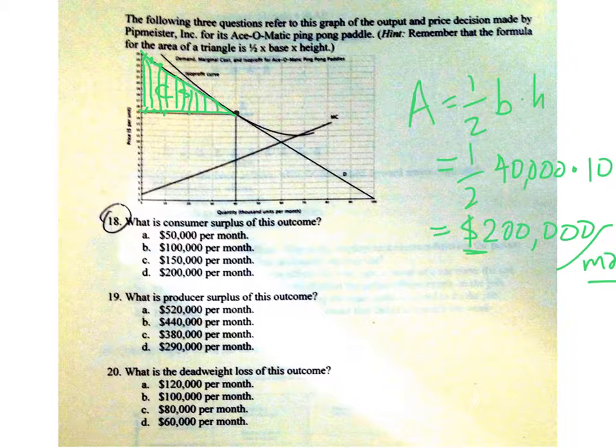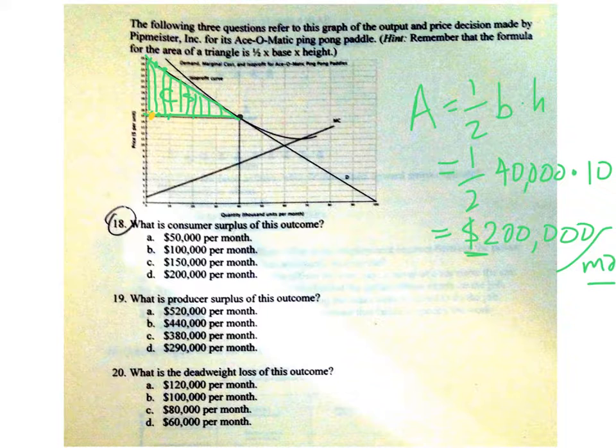Producer surplus is very analogous. Here we're looking at the difference between what producers got for the paddles relative to what they would have been willing to accept. Notice that each and every paddle was sold for the market price of 15.